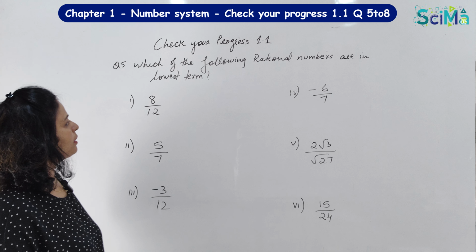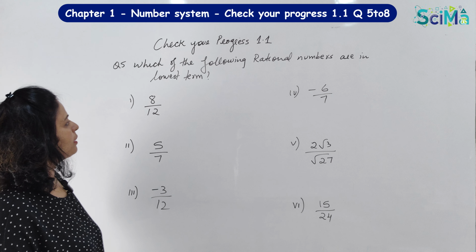Next you have 7 into 3 by 14, 7 you can cancel, 7 ones are 7, 7 twos are 14. So what do we get? 3 by 2. So this is also not an integer. The last one, minus 6 by minus 2, minus you can cancel, 2 threes are 6. So here we get 3. So this is, yes, an integer.